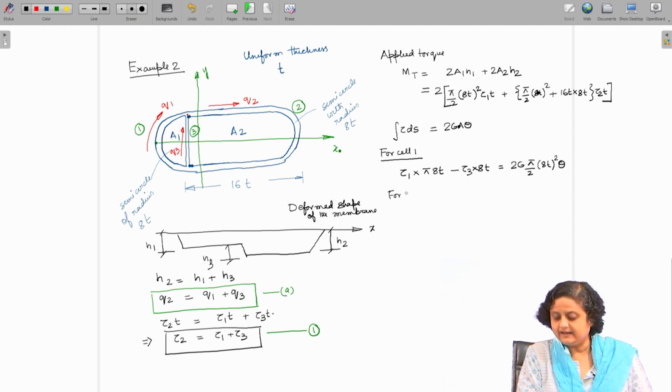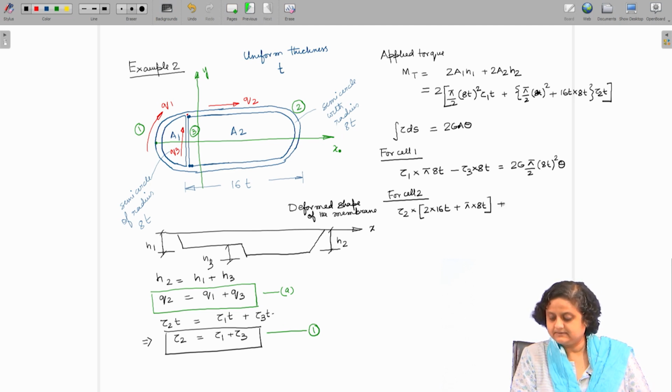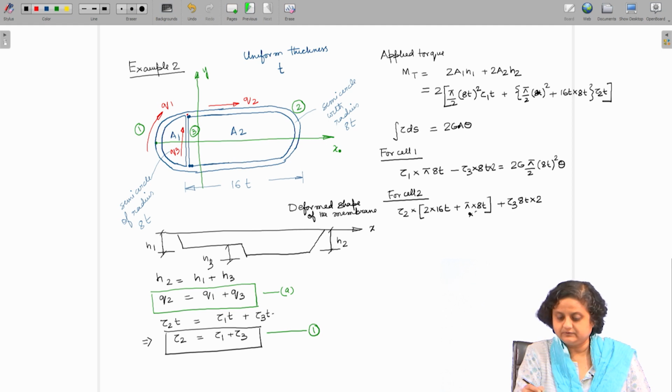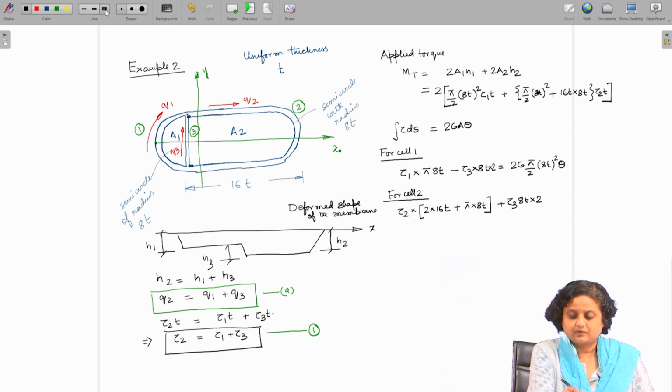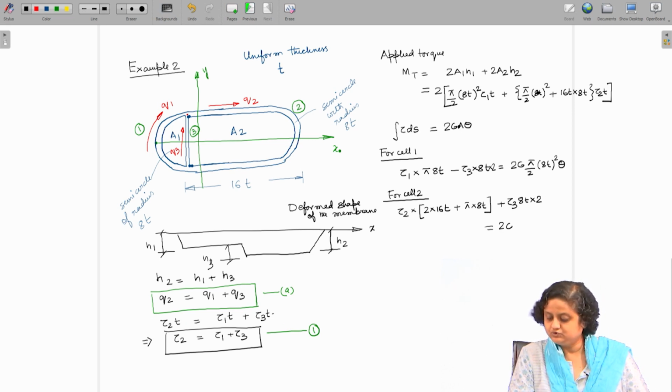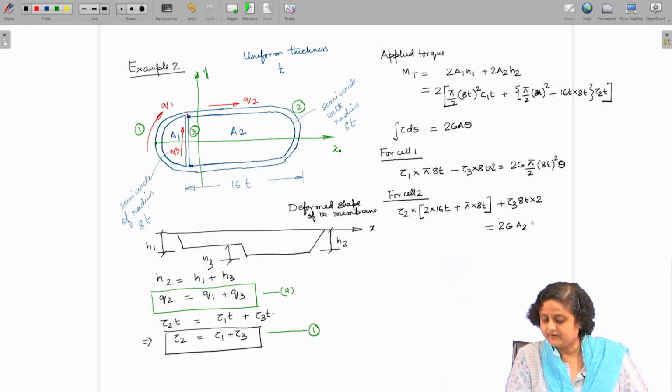Similarly, for cell 2, we can say that tau 2 into 2 into 16t plus pi into 8t, plus tau 3 into 8t, is going to be 2 into G into area 2, which we have found out earlier.